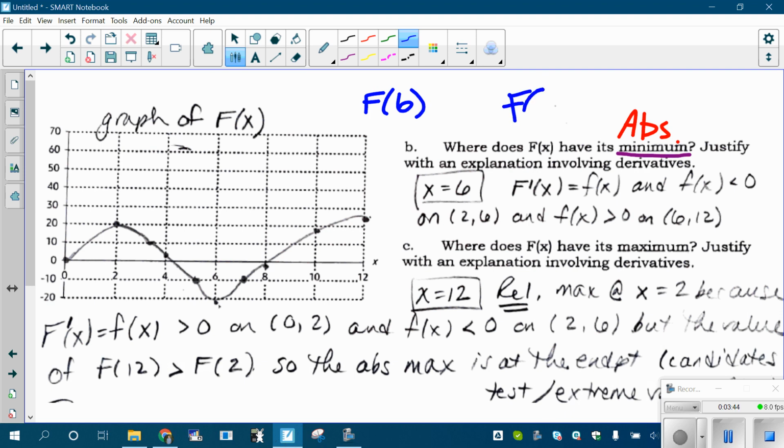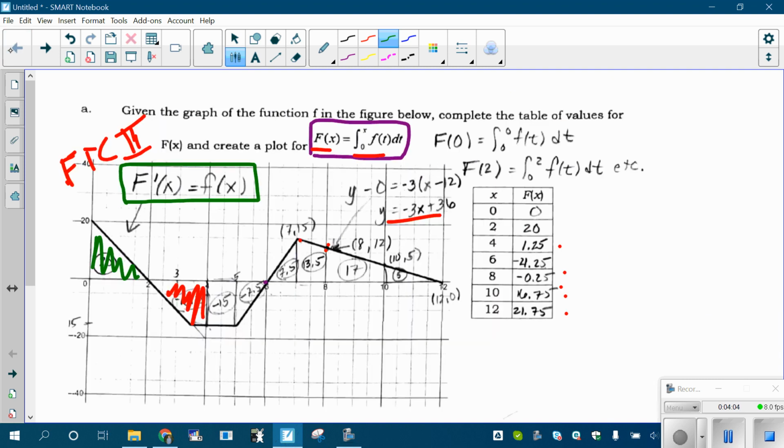So you should compare big F of 6 to big F of 0 to big F of 12, just because this justification definitely says that at x equals 6 we have a relative minimum, but it'd be cool to make sure that that relative minimum was an absolute minimum. If you go back to our table, f of 6 is negative 4.25, f of 0 is 0, f of 12 is 21.75. So that relative min that we justified using the first derivative test is an absolute min because its y value is literally lower than the y values at the endpoints.